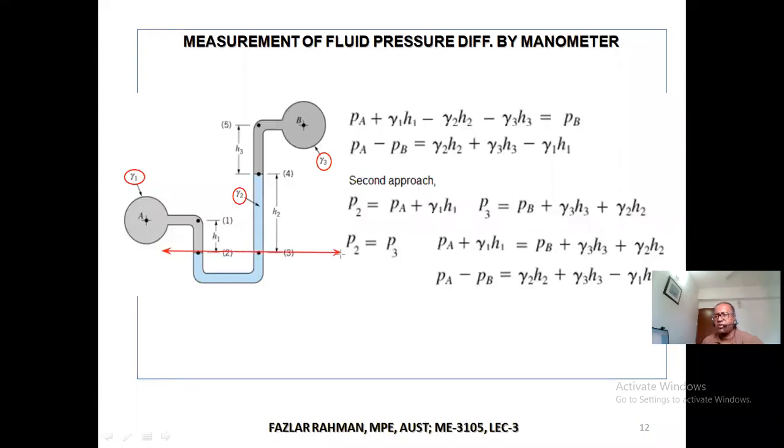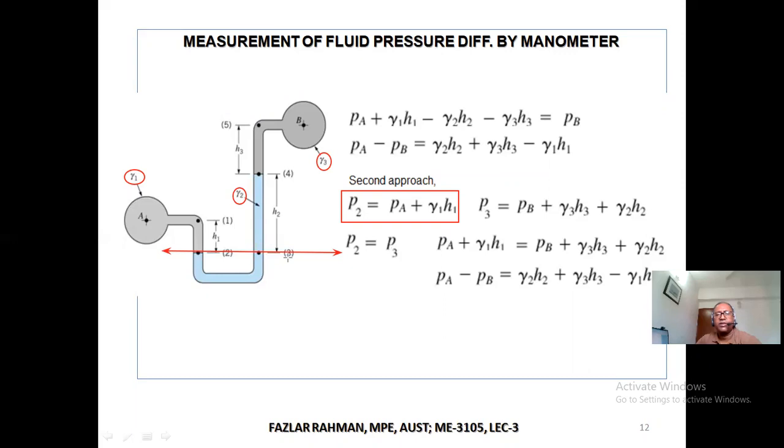We can say this point, right? So if I think this is point 2, this is point 3, then you figure out the P2 and P3 that we did. So P2 equals PA plus gamma 1 H1, where rho G equals gamma. So instead of rho G, they put gamma 1. So this is the pressure at point 2.